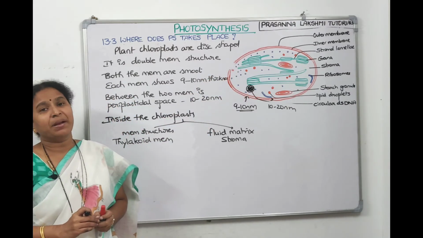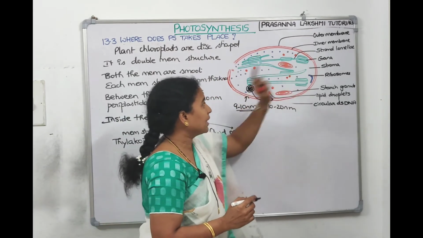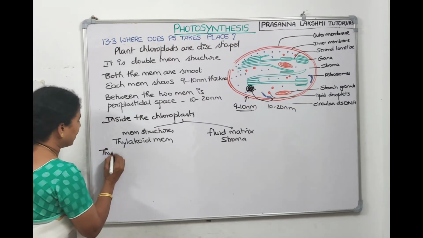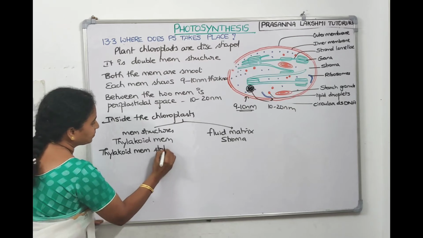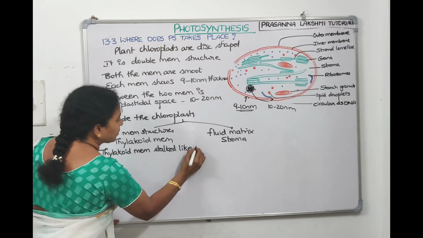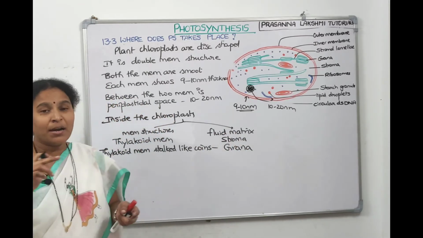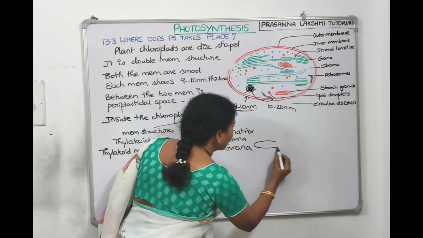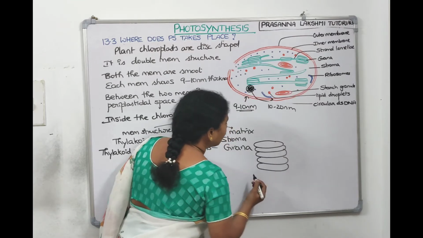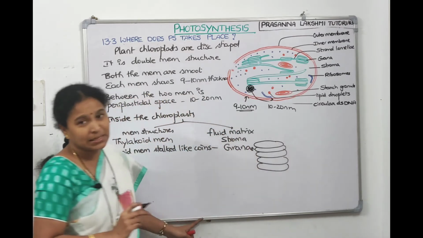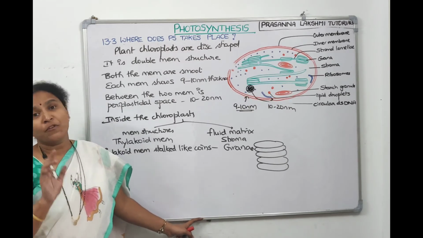If thylakoid membranes are stacked on top of each other like coins, then this network is called grana. These are disc-like thylakoid membranes piled one on top of another, and this complete structure is called grana.